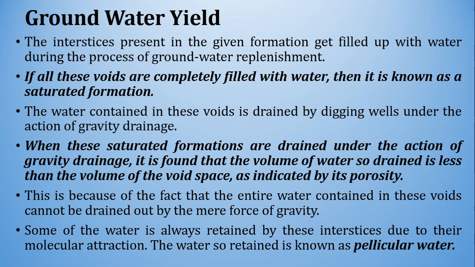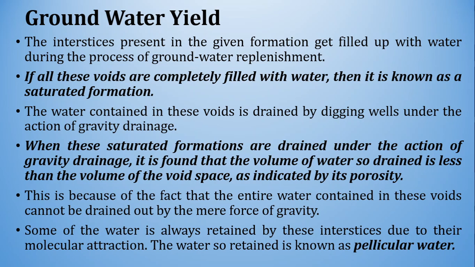Groundwater yield. The interstices present in the given formation get filled up with water during the process of groundwater replenishment. It is a natural process by which the groundwater level automatically gets replenished. If all the voids are completely filled with water, then it is known as a saturated formation.